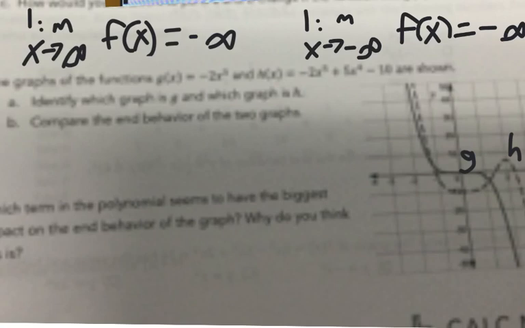Now, as I look at B, compare the end behavior of both graphs. So for G, I would say the limit as x approaches infinity of g of x. Looking at the solid line, as the x's go towards infinity, as I go towards the right, x gets bigger and bigger.